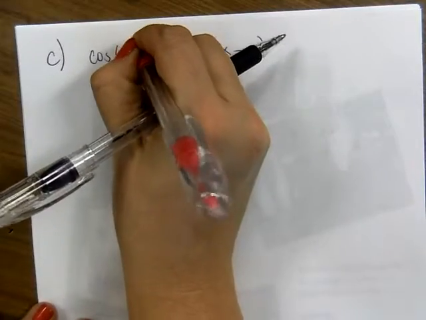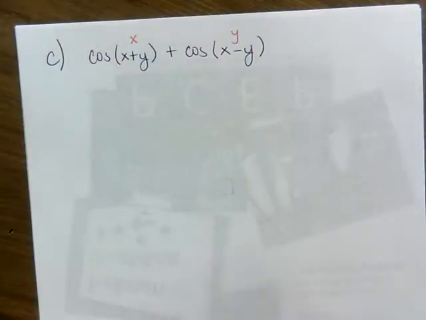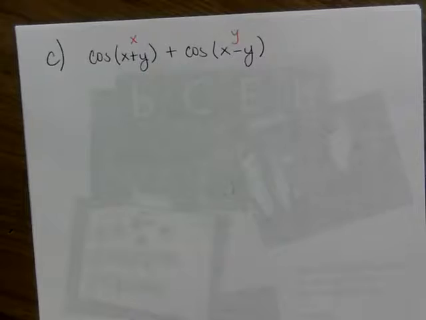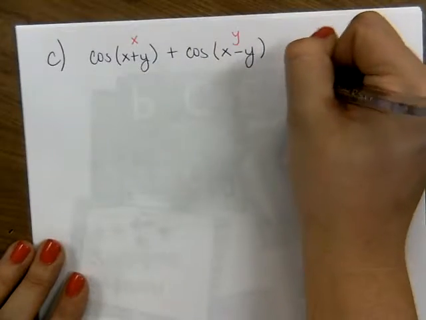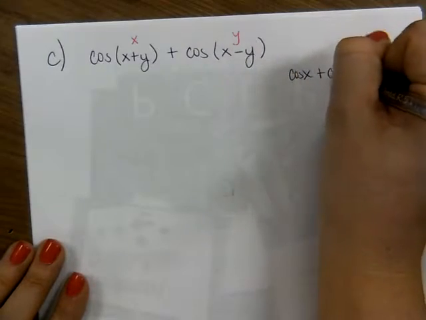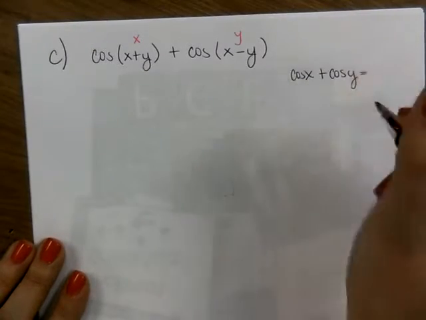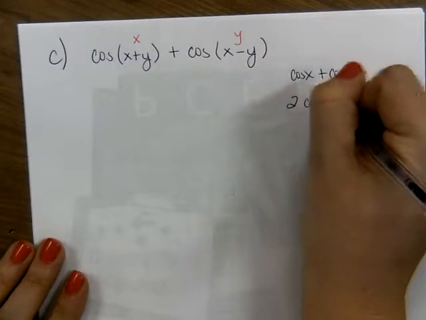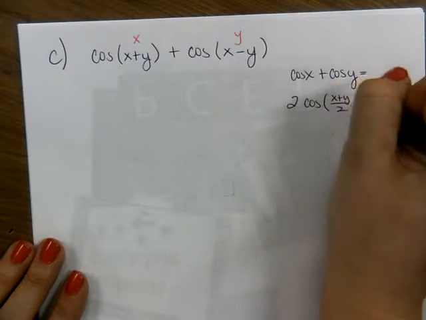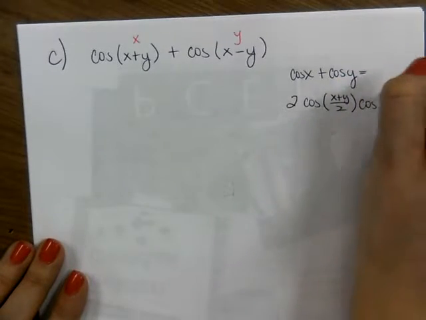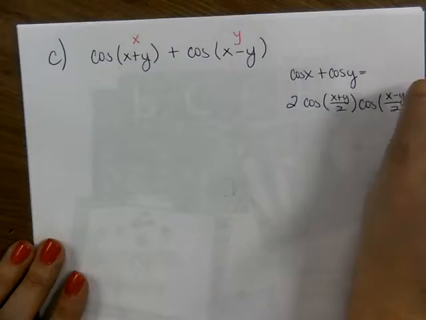So can you see that this is x and this is y? And now this looks like the cosine of x plus the cosine of y formula. Tricky, right? Lots of x's and y's going on here. So that formula is 2 times the cosine of (x plus y) divided by 2 times the cosine of (x minus y) divided by 2.